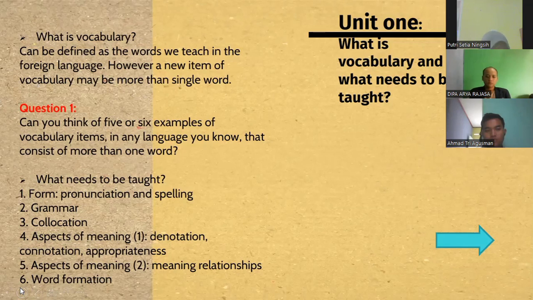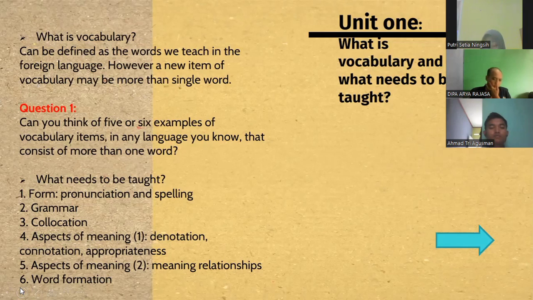And for connotation, for example, the word dog in British culture has a positive connotation of friendship or loyalty. Meanwhile, in Arabic, the dog is understood by most people with a negative connotation, dirt and inferiority.